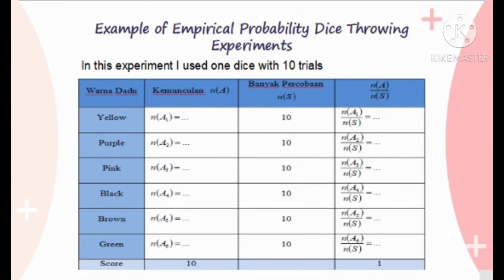Example of empirical probability: a dice throwing experiment. In this experiment, I use one dice with 10 trials.